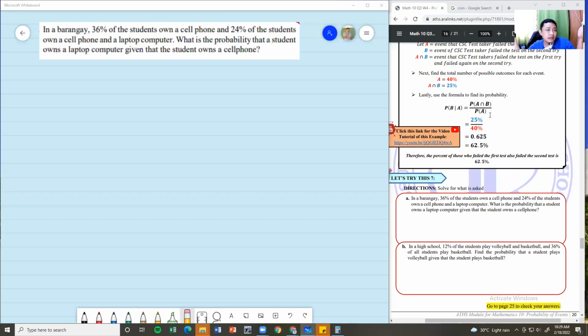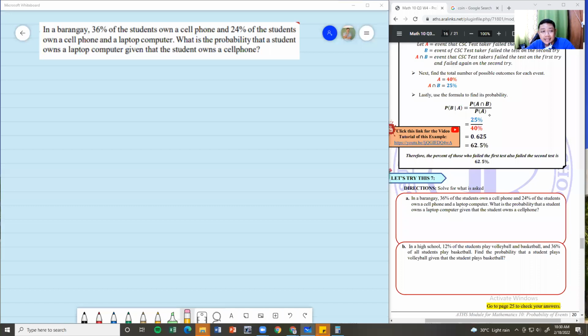36% of the students have a cell phone. That is only about cell phones. But there's another one: 24% of the students own a cell phone and also a laptop. There goes the intersection. So what's the probability that a student owns a laptop given that a student owns a cell phone?